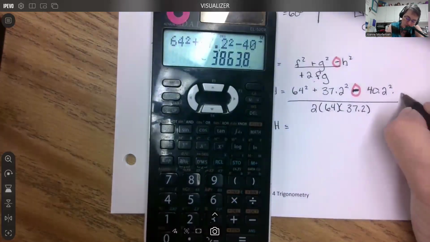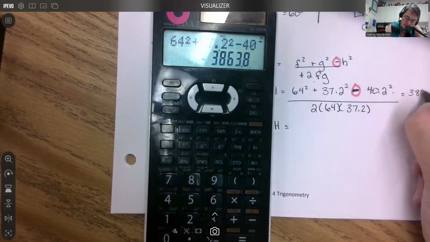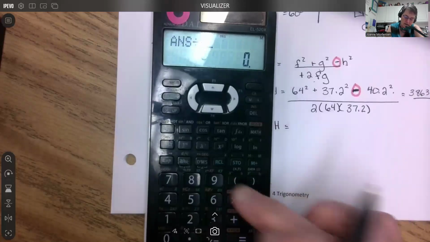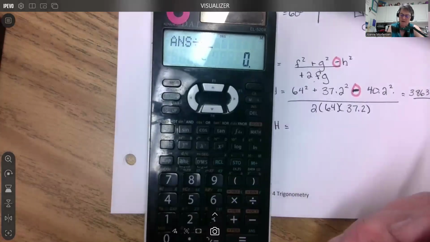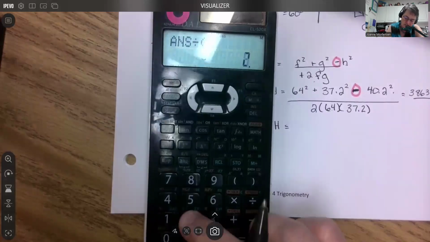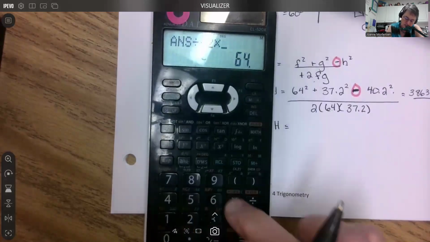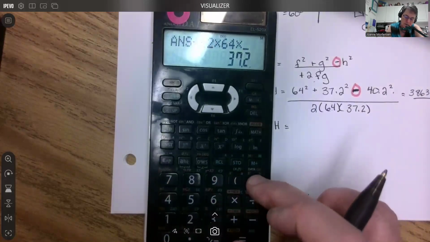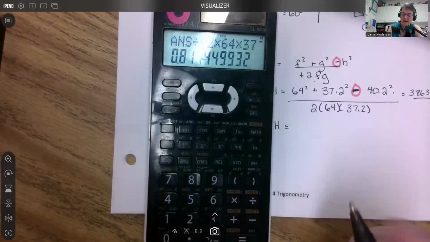Okay, I'm going to do this. 3863.8 divided by bracket. It's like I might have forgot that part. 2 times 64 times 37.2. Close my bracket equals. Aha.